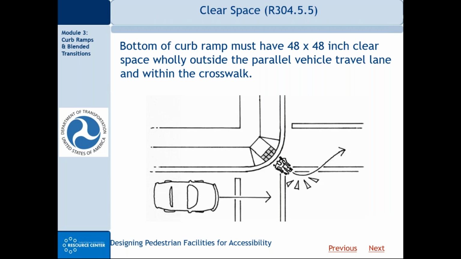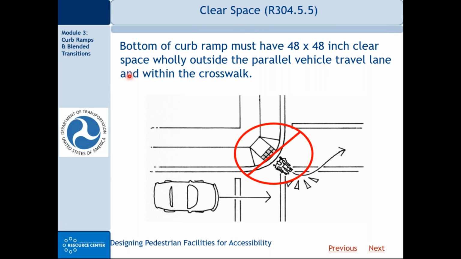Another thing to keep in mind is that PROWAG says the bottom of the ramp must have a 48-inch by 48-inch clear space entirely outside the parallel vehicle travel lane and within the crosswalk. And notice this single diagonal ramp does not provide that. And notice, I want to emphasize, this is just space. It does not have to be level.